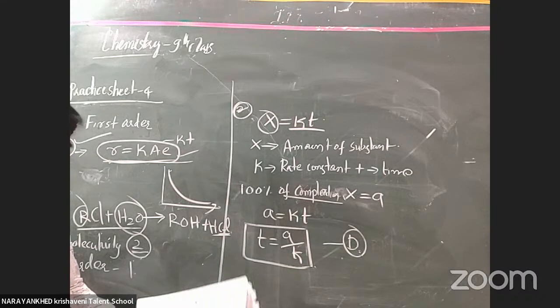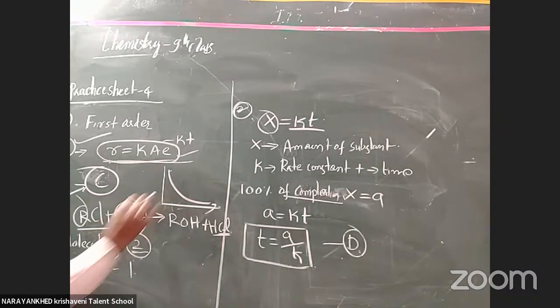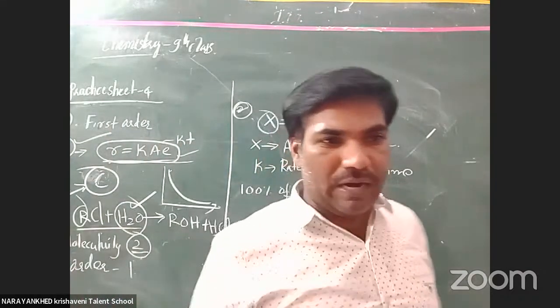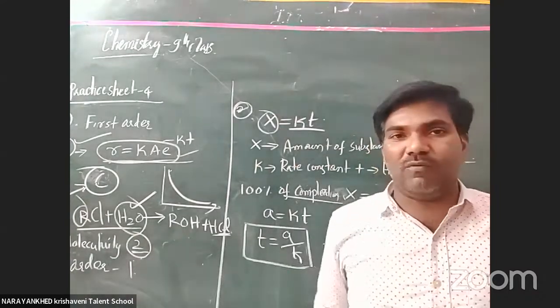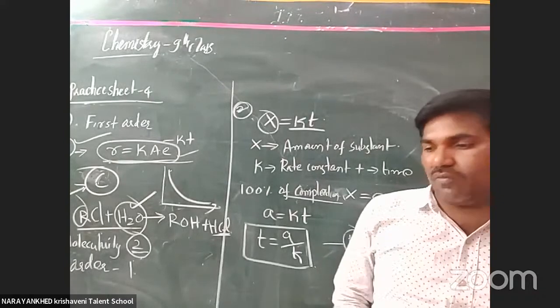Now which one is correct? Option C is the correct one. Okay, clear or not? The fourth question's answer is C. Why? Because this depends on the water only. The water plays the main role here. That is why the order is 1 for this reaction. Yes, write down that the order is 1.